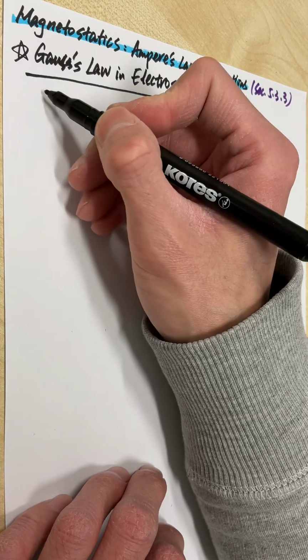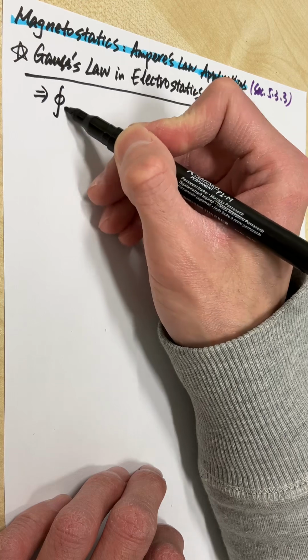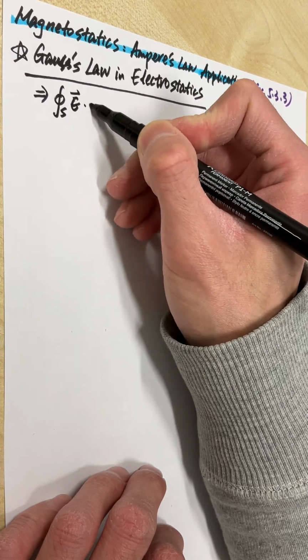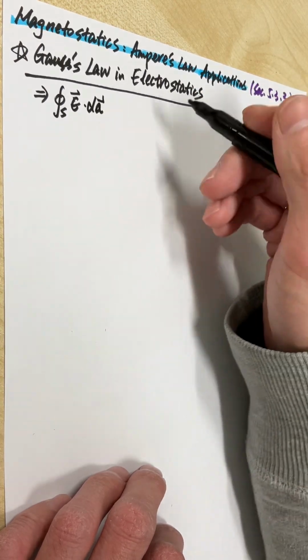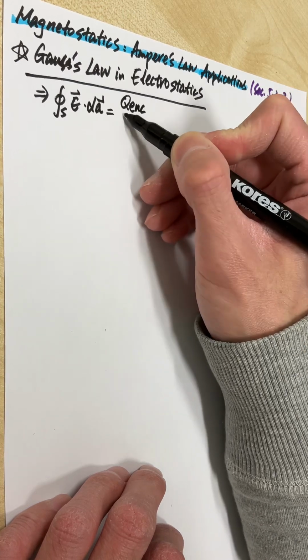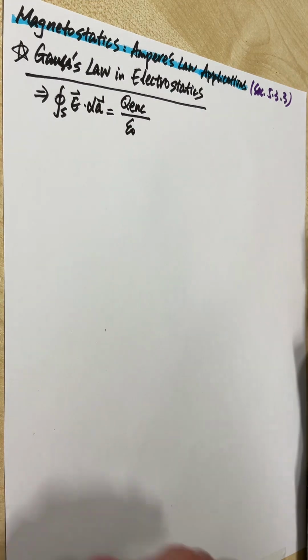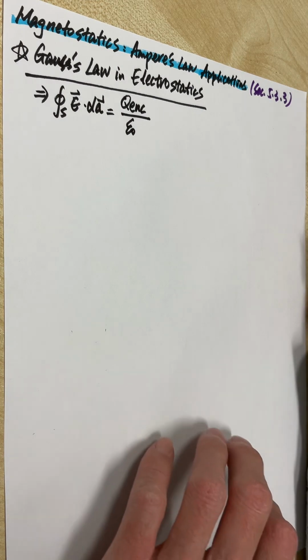So the Gauss law was the total flux of the field in a closed surface is determined by the total charge enclosed divided by the permittivity of free space.